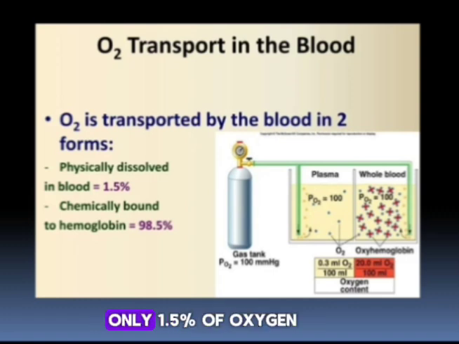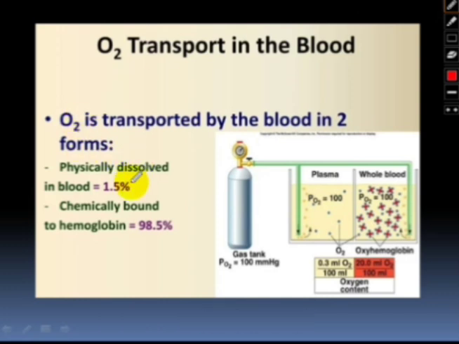Only 1.5% of oxygen is transported in the human body by dissolving in plasma. And then a greater percentage of oxygen is transported in the human body by binding to hemoglobin.